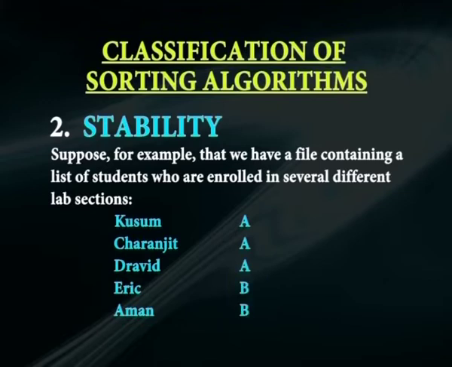If we now do that, we might end up with this: Kusum lab A, Charanjit lab A, Dravid lab A, Eric lab B, Aman lab B.